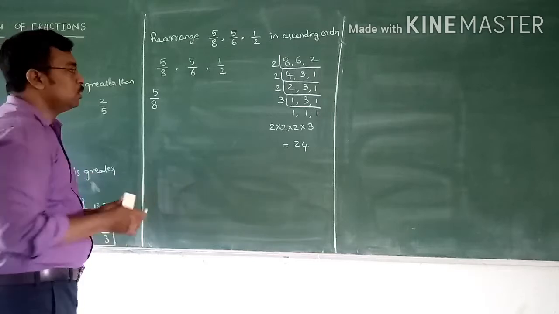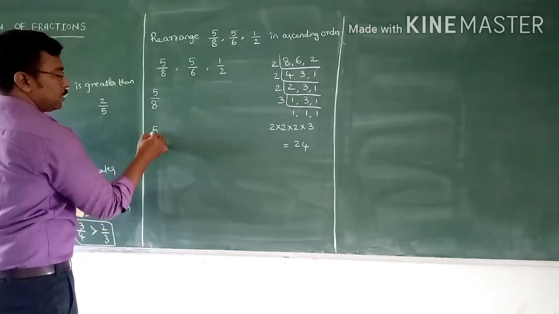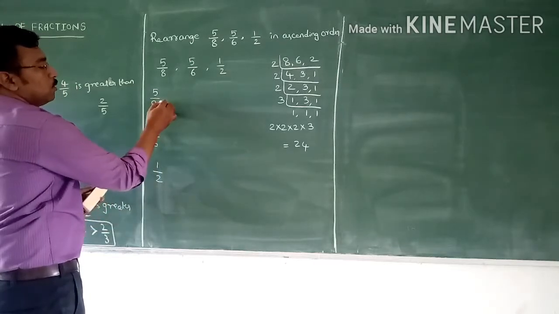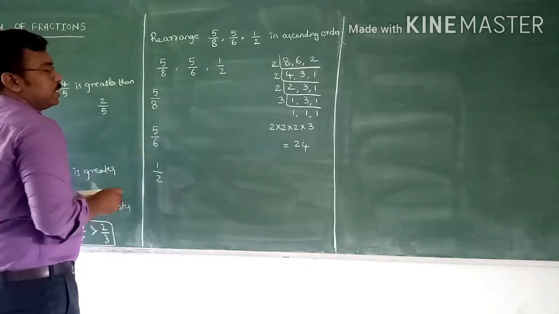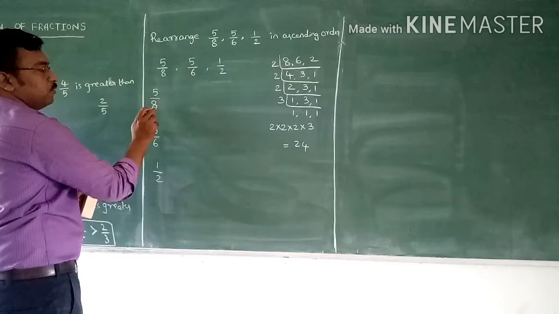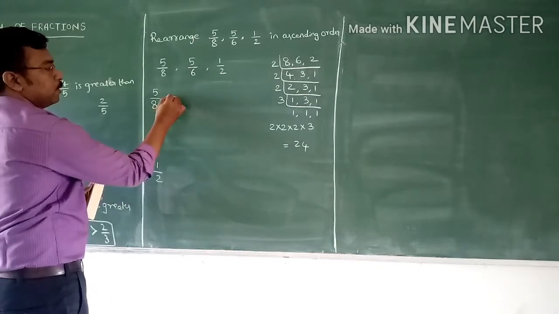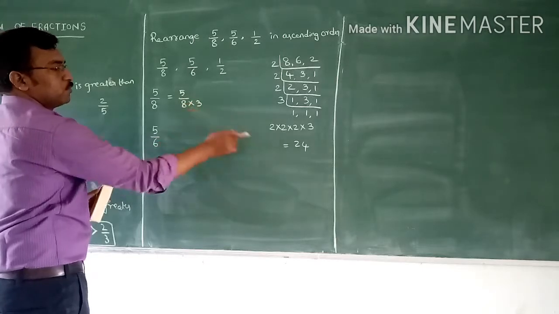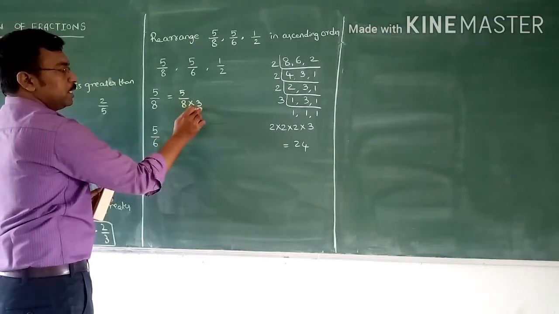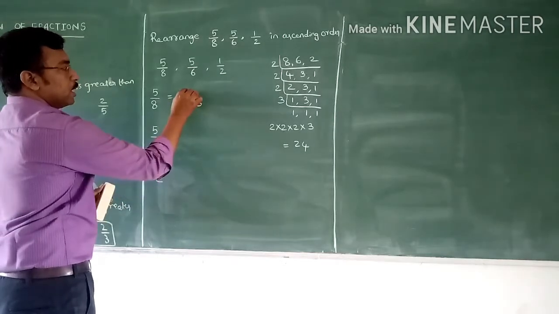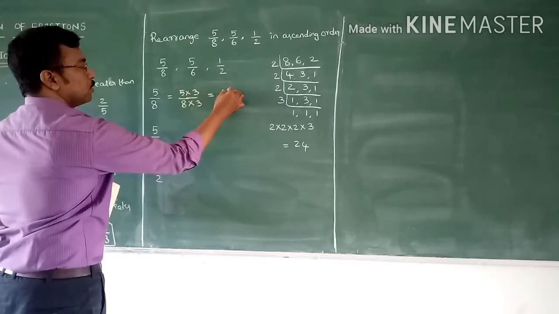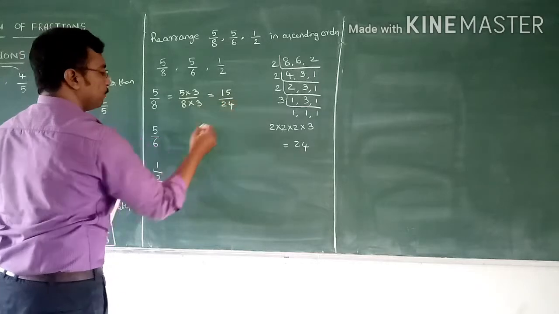So which number do we have to multiply to this fraction to get 24 in the denominator? 5 by 8 into 3. 8 3s are 24, right? So I am multiplying 3 in the denominator as well as in the numerator. So 5 3s are 15 by 8 3s are 24.